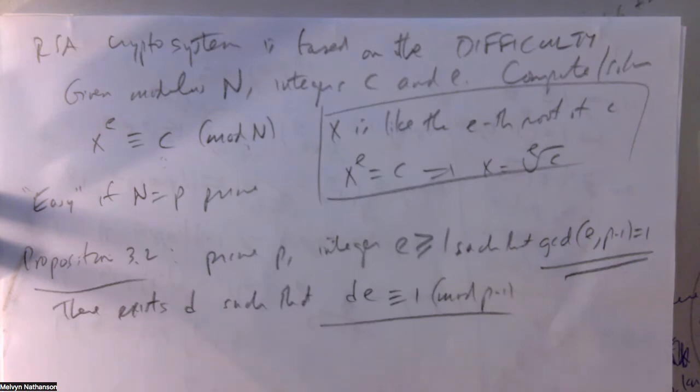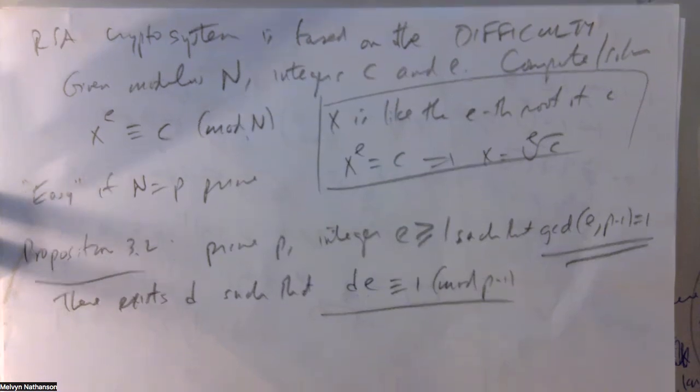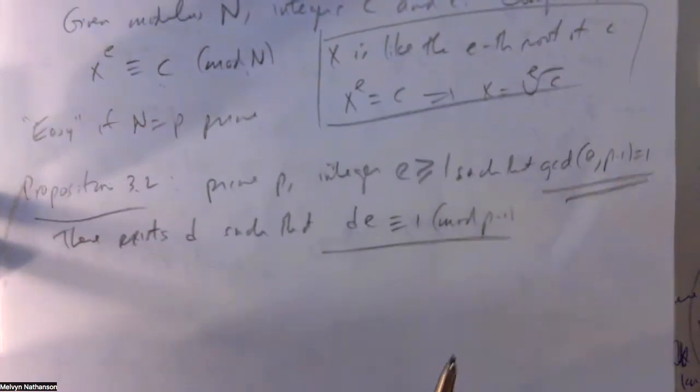Which is a theorem we've seen. You can solve the congruence xe congruent to 1 mod p minus 1 uniquely if e and p minus 1 are relatively prime. And now the theorem says the following.